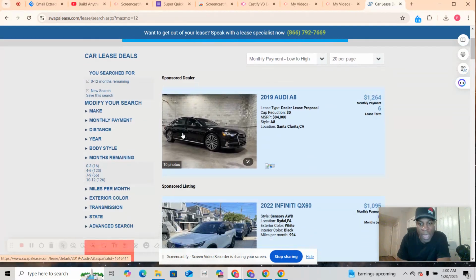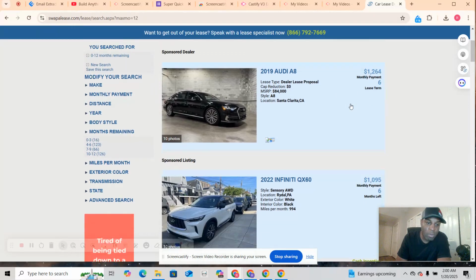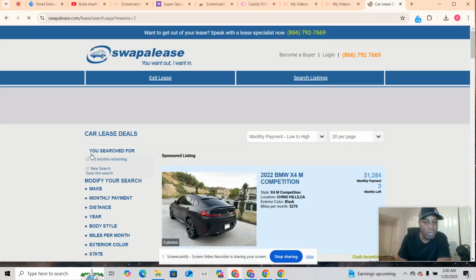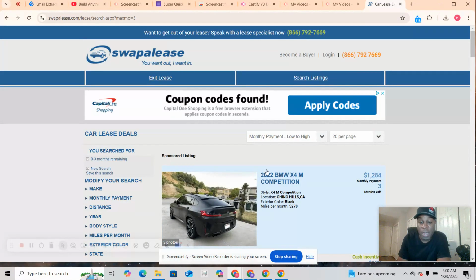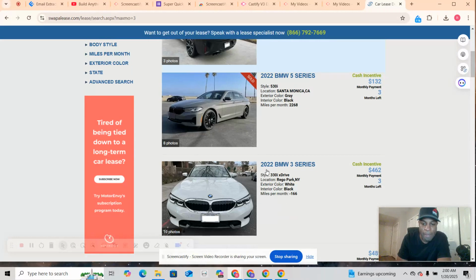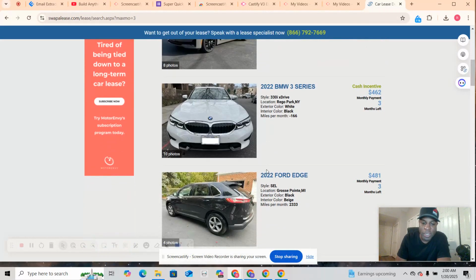So we've got an Audi, 6 months left, but the monthly payment is 1,200. That is not what we're looking for. We're looking for months remaining 0 to 3, as low as possible, and low payments as possible as well. Something like this BMW.